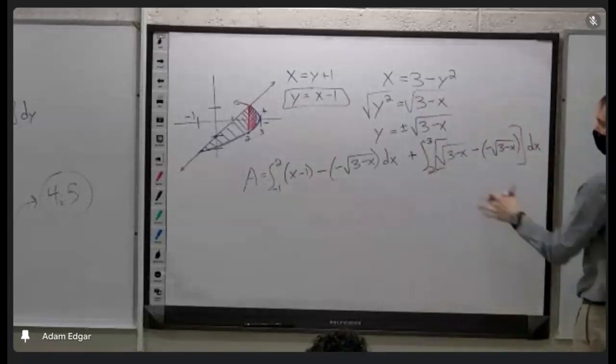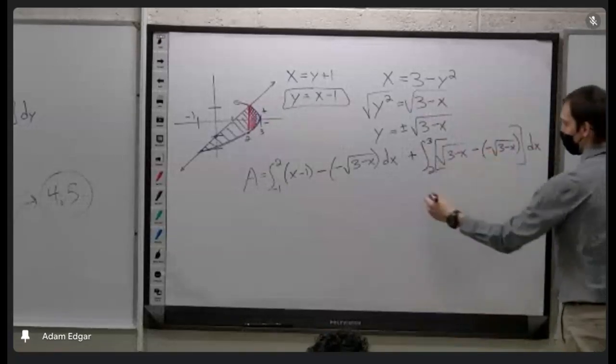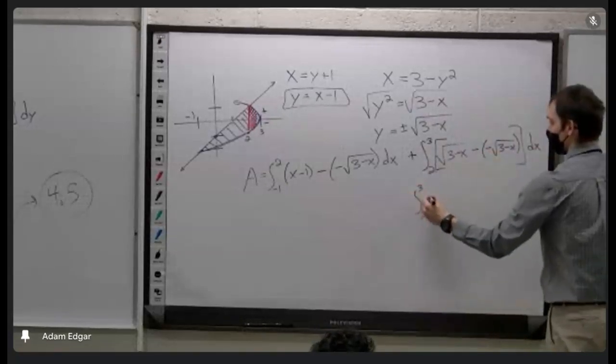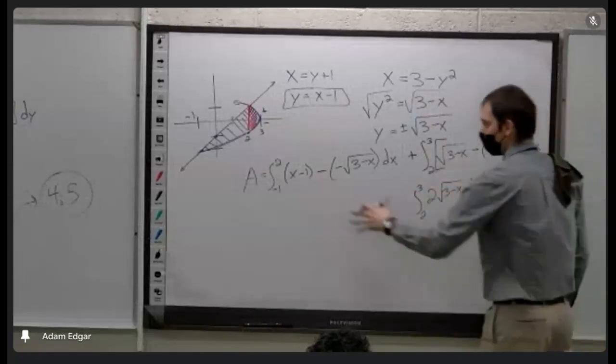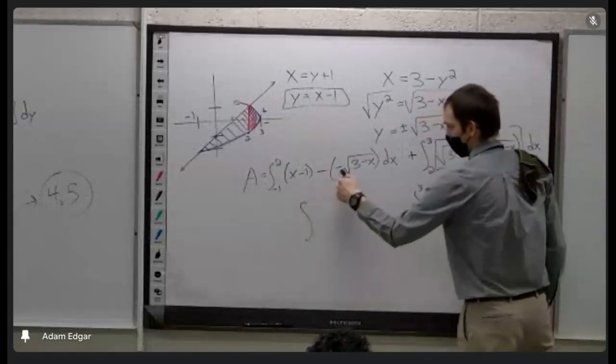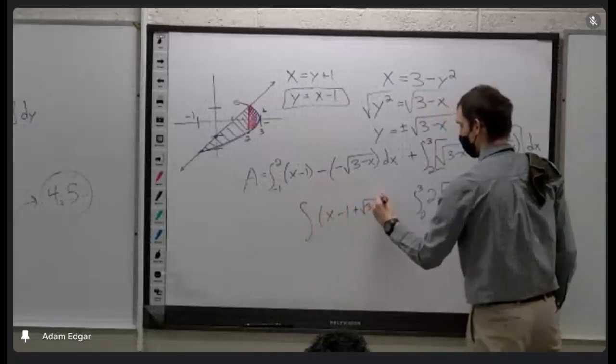And you could obviously combine these and say these are the same thing. Minus minus is a plus. This becomes 2 root 3 minus x dx. The other one you can simplify as well, because minus minus makes a plus. You'd have x minus 1 plus root 3 minus x dx.